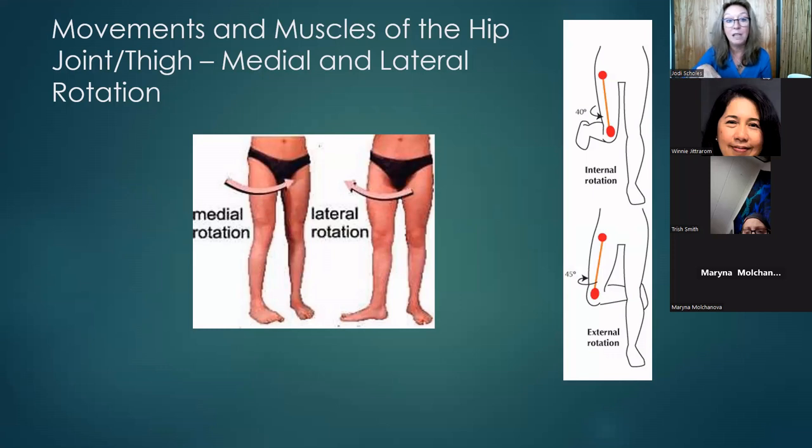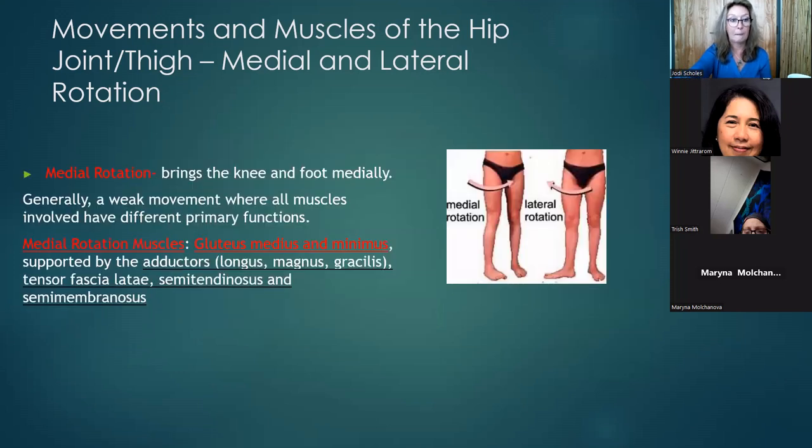So when we talk about medial and lateral rotation of the lower limb, we're talking about the femur. All right, so there you go, just so you know. And this medial rotation, of course, is going to be your adductors, some of them. Hopefully you won't be asked about those muscles, but just so that you'll know the directions.